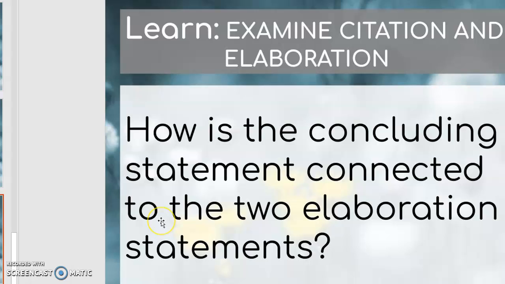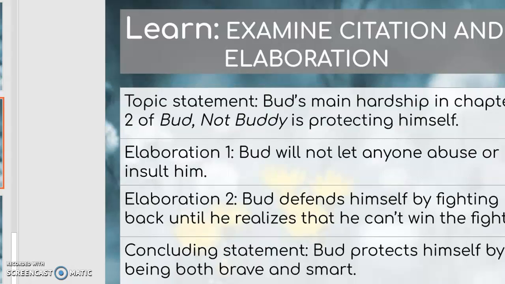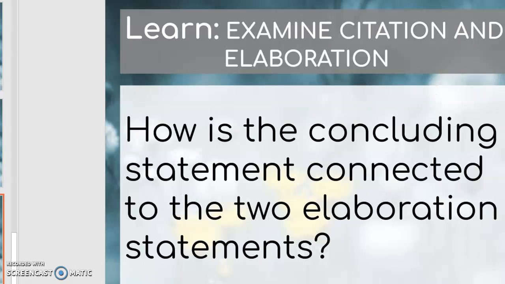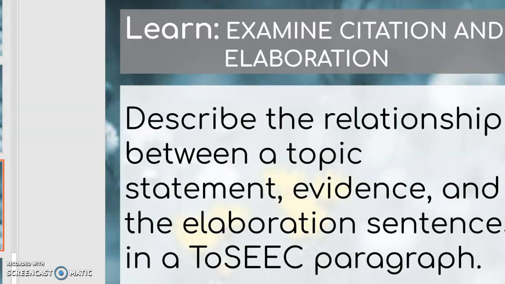How is the concluding statement connected to the two elaboration statements? You're going to look back at these two elaboration statements and answer that question. You're going to describe the relationship between a topic statement, evidence, and the elaboration sentences in a TWO-SEC paragraph. This is where your writing is going to come into play.